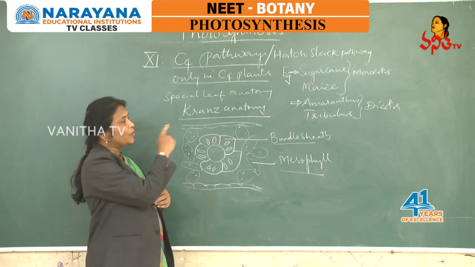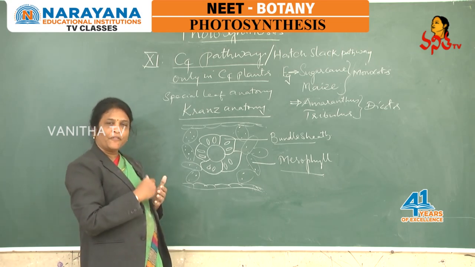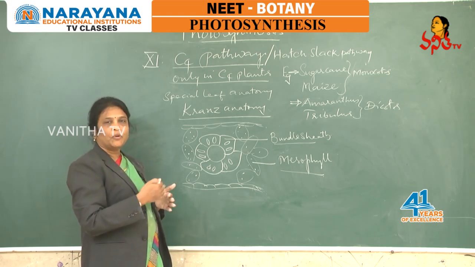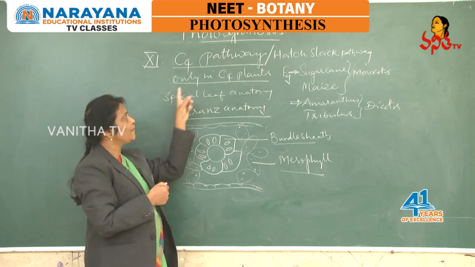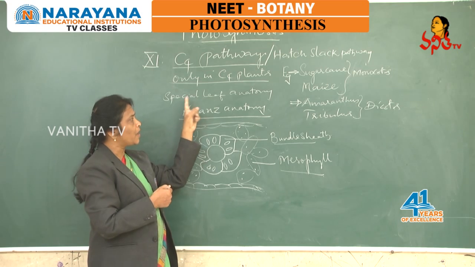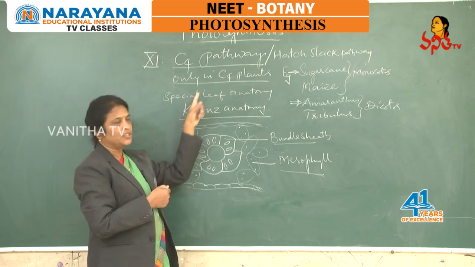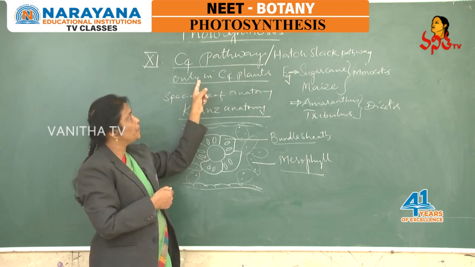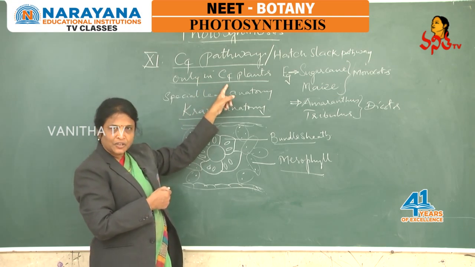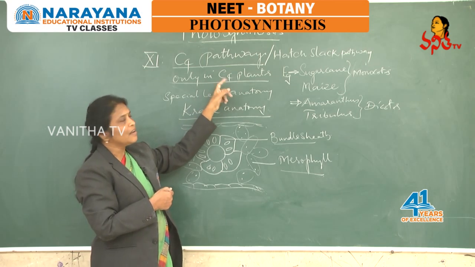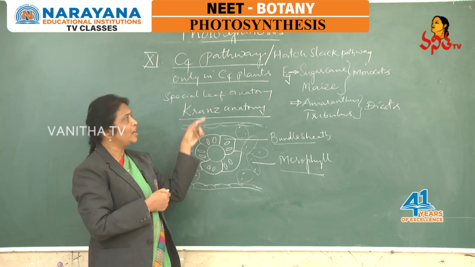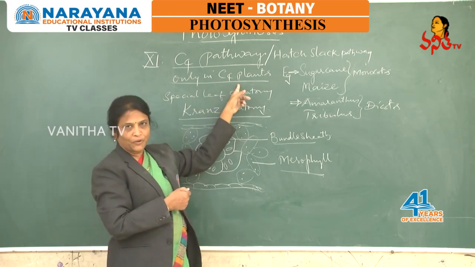But C4 plants perform the C3 cycle of course, but additionally, to supply more carbon dioxide time to time for Calvin cycle reactions, they follow a special and additional pathway for CO2 fixation, and that is called the C4 pathway. Such plants that perform the C4 pathway for additional fixation of carbon dioxide, as well as the Calvin cycle for reduction of carbon dioxide into carbohydrate, are called C4 plants.